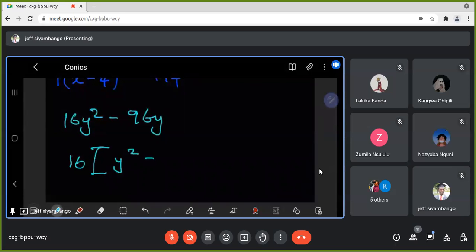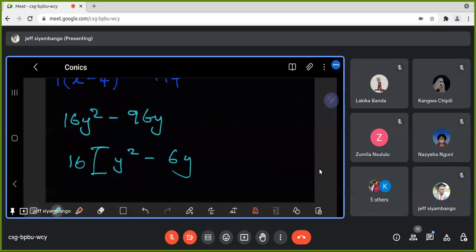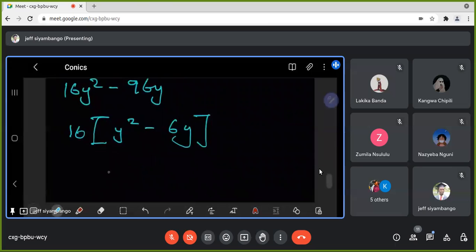So what is 16 into 96? 6. Then, like we did earlier, y squared minus 6y, half of minus 6. Don't forget that minus. So it's minus 3, and then this has to be squared. We've added it. Now we just subtract it.